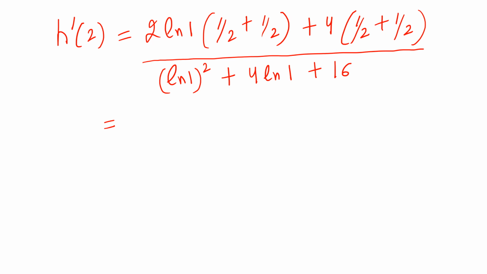Now students, we know that log natural of 1 is equal to 0. So the value of h dash 2 becomes 4 upon 16. And this is equal to 1 by 4 or 0.25.